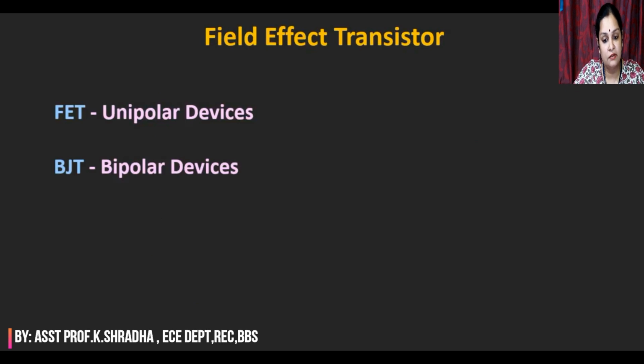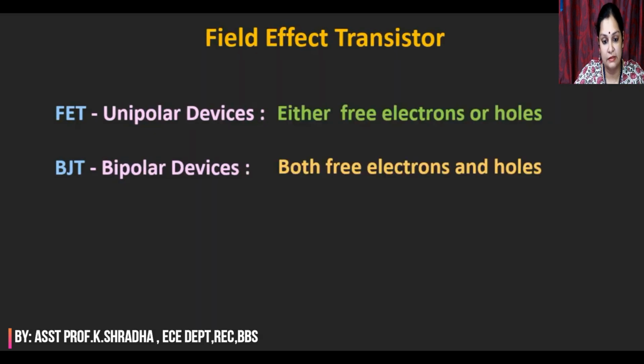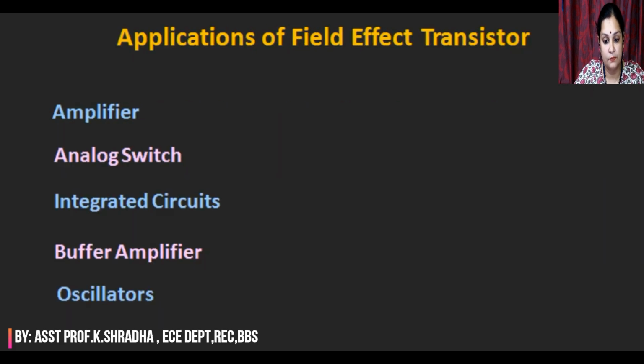The second difference is that the FET is a unipolar device while the BJT is a bipolar device. It means that the BJT relies on two types of charge carriers, that is the free electrons and the holes. But the operation of FET relies on either holes or electrons.